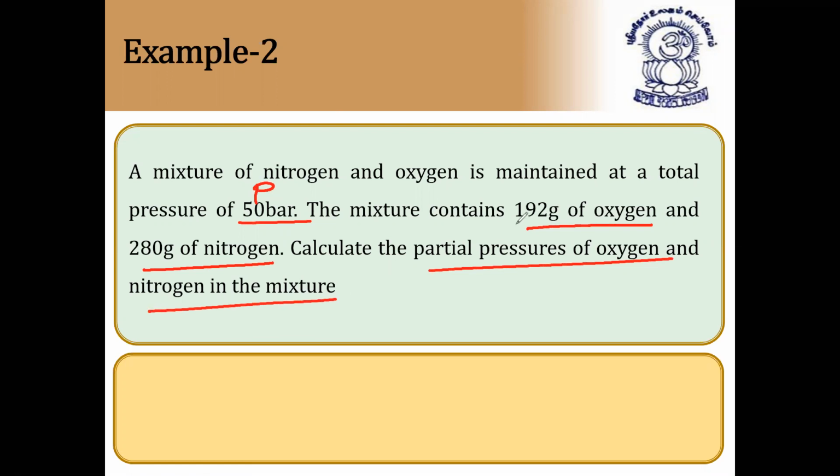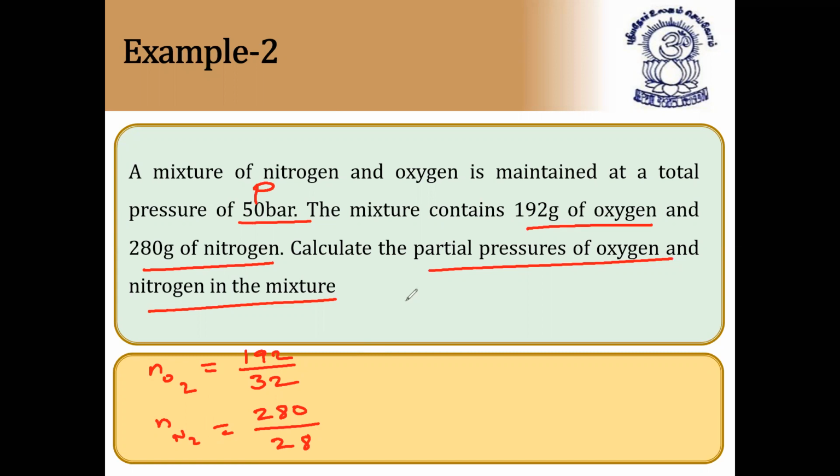Since they are given weight, first you have to find the number of moles. So number of moles of oxygen is equal to 192 by 32. Similarly, number of moles of nitrogen is equal to 280 by the molecular weight of nitrogen. What is the molecular weight of nitrogen? 28.